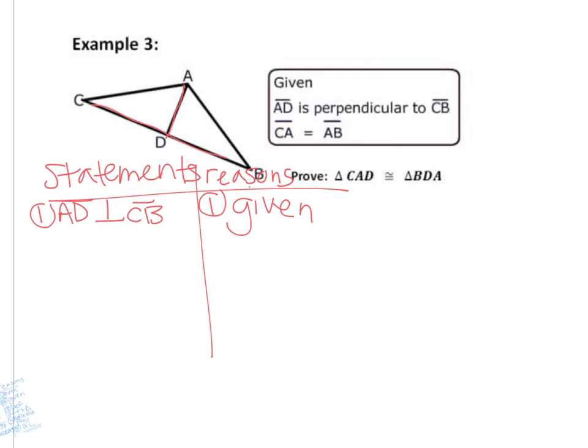Is it going to be something else? All right, so if I know this is perpendicular, let's just map out my thoughts then. If those are perpendicular, I would know that I would have two right angles, here and here. So I would know angle ADC and angle BDA are right angles.